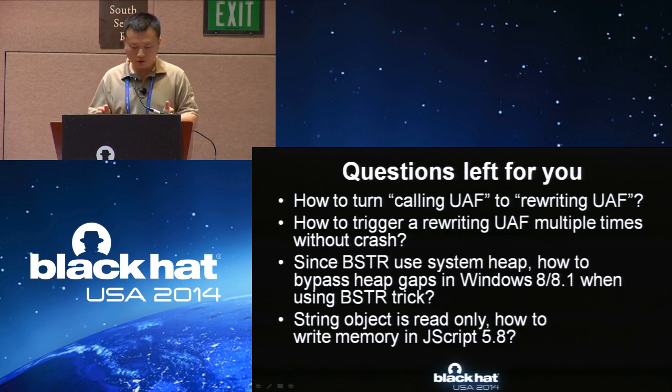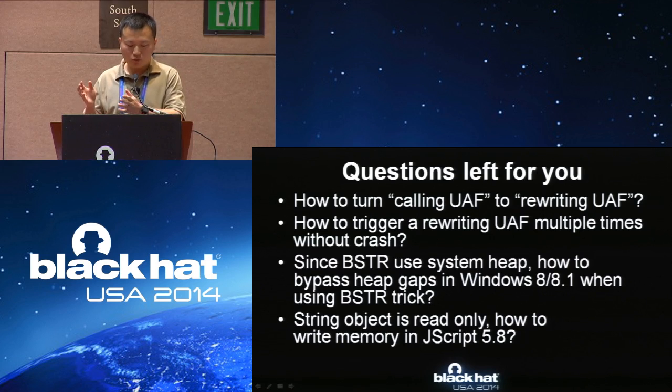How to turn a calling UAF into a rewriting UAF? How to trigger a rewriting UAF multiple times without a crash? Since BSTR uses the system heap, how to bypass the heap gaps in Windows 8?